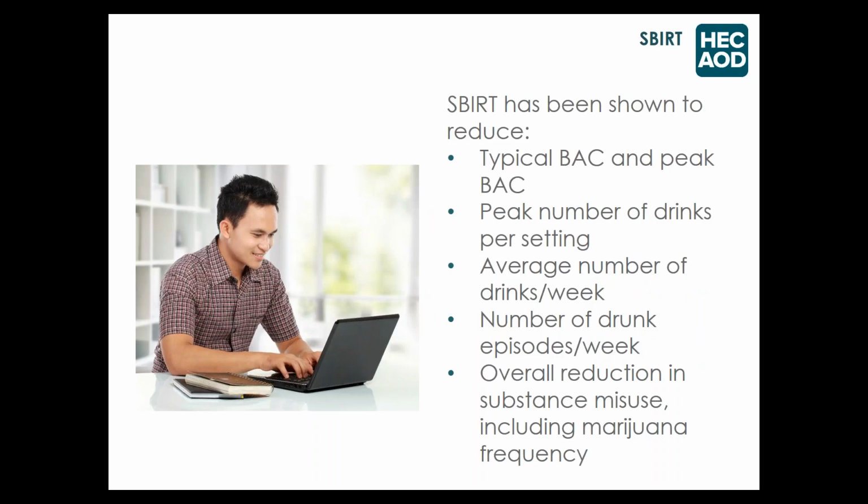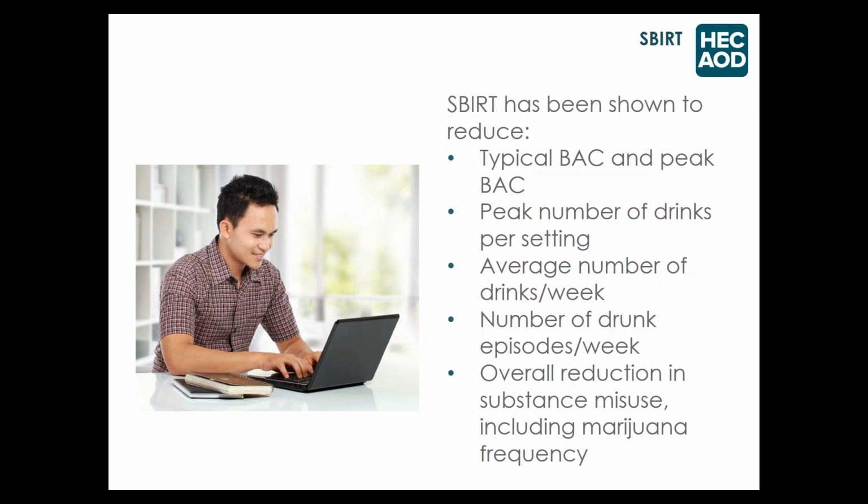But first, I want to focus on what SBIRT has been shown to do. As I mentioned, the World Health Organization and SAMHSA support the use of SBIRT. In fact, SAMHSA provided a number of grants to student health centers across the country to implement SBIRT within them. A number of studies have shown efficacy of SBIRT among a college student population.